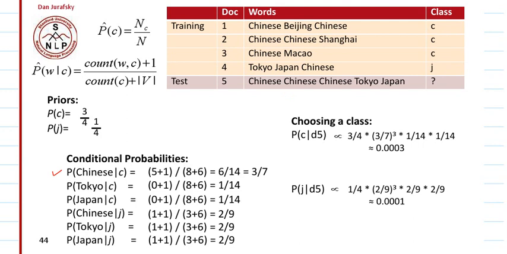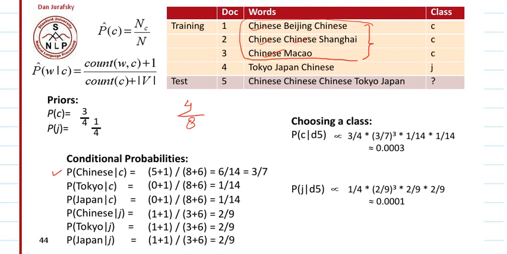So in order to calculate P of Chinese given C, I will just consider this C class subset, and I will count the number of Chinese present here. So it is 1, 2, 3 and 4. So the count is 4 here, and the total number is 1, 2, 3, 4, 5, 6, 7, 8.